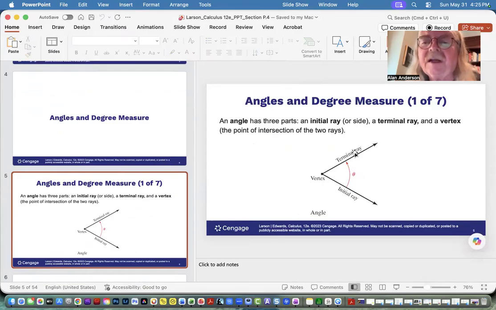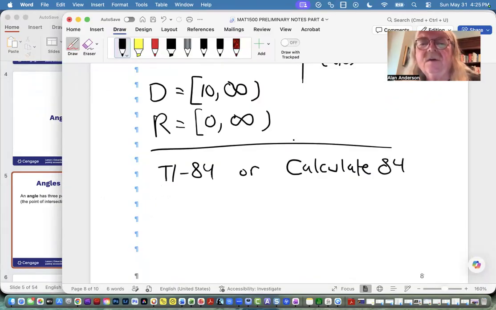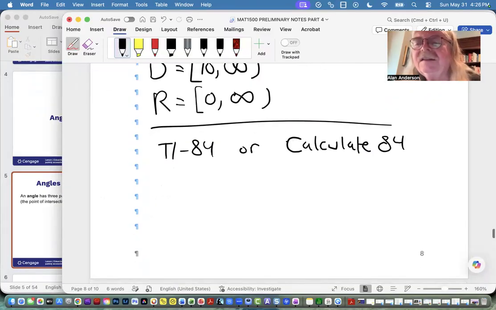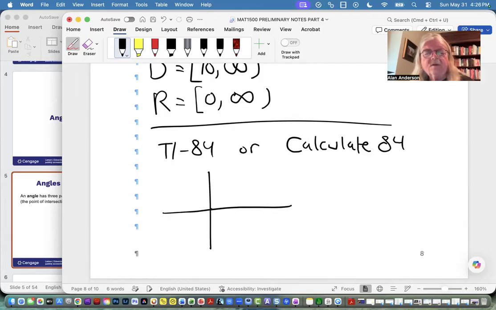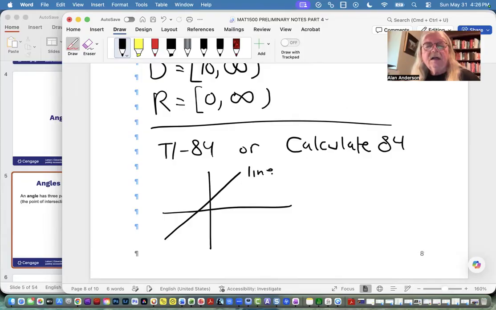So they start by reminding us what exactly an angle means in the first place. So what we have to do is visualize that two rays are being joined at one point. So if you remember from your probably middle school geometry days, a line goes both directions forever, but a ray has a specific starting point.